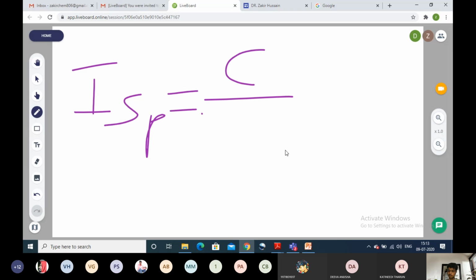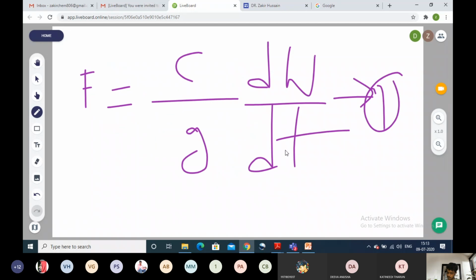Now one specific impulse, which is denoted by Isp, is defined here. Some authors define the specific impulse as the ratio of velocity of sound divided by acceleration due to gravity. From our equation 7, F is equal to c by g dW by dt.